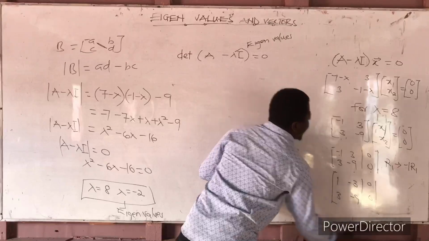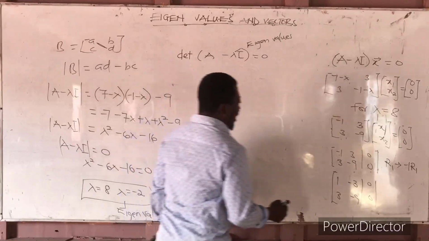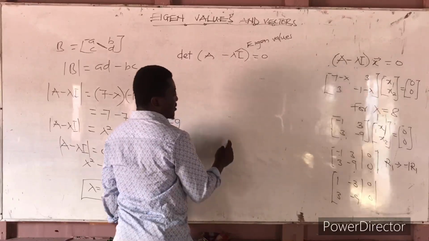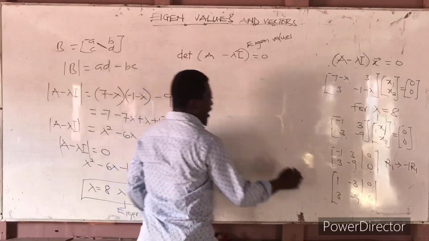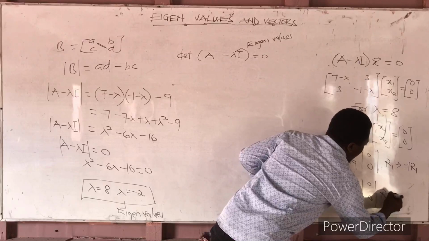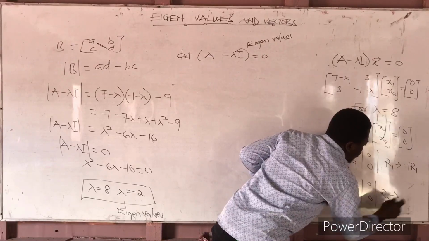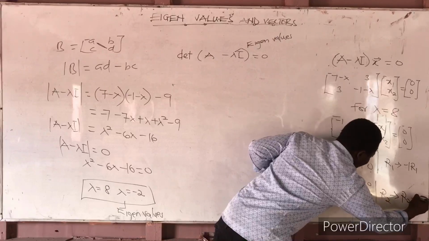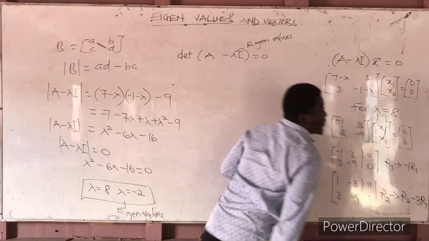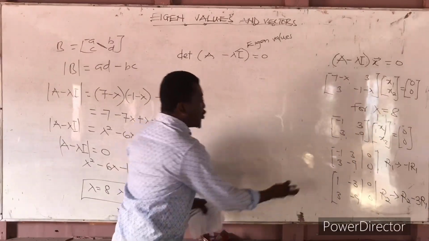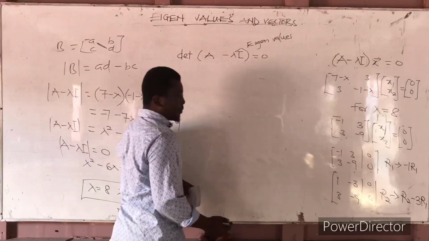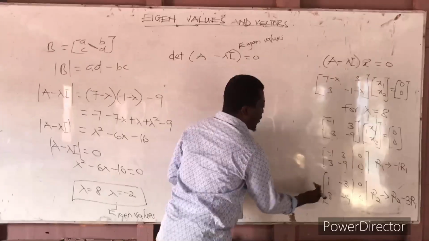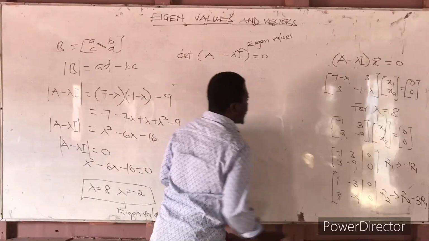Now that you have this, our new R2 is going to be R2 minus 3R1. So you multiply row 1 by 3 and subtract it from row 2.